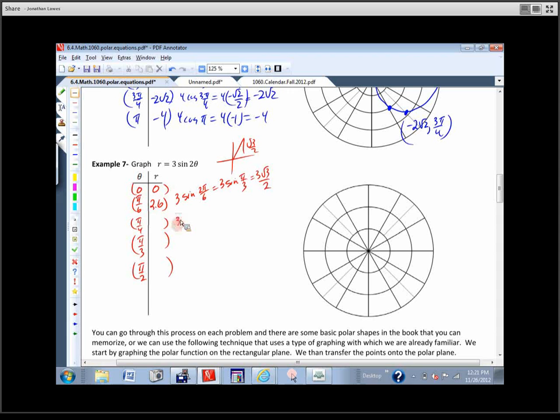Let's do pi fourths. So this is going to be 3 times the sine of 2 times pi fourths, which is pi halves, and the sine of pi halves is 1. So this is going to be 3 times 1, so our radius is going to be 3. 3 times the sine of 2 times pi thirds, that would be 2 pi thirds.